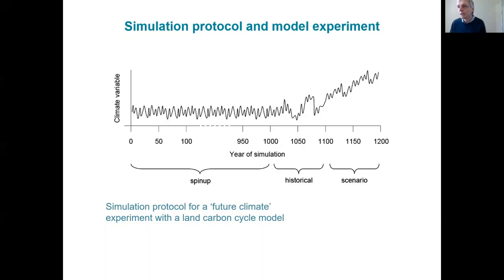So typically we might have 100 or 150 or even 250 years of forcing with, as far as we know it, the climate and atmospheric CO2, nitrogen deposition perhaps, which are the environmental drivers of the ecosystem cycling over historical times.